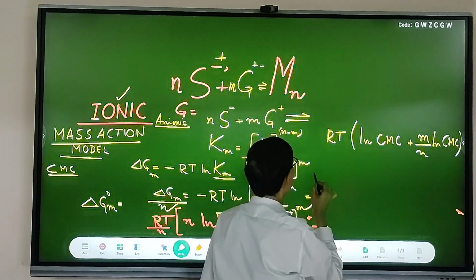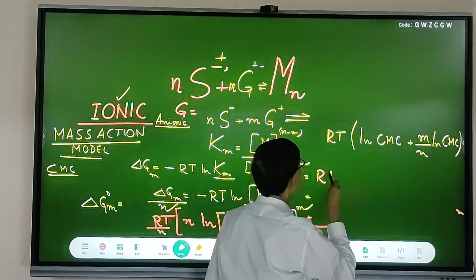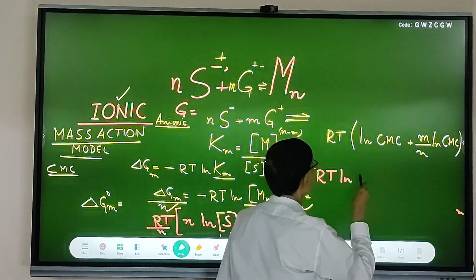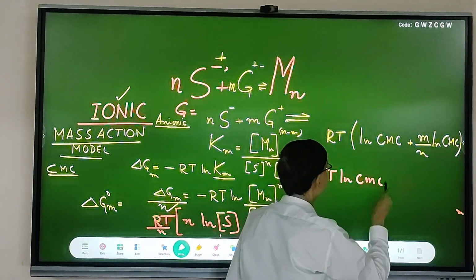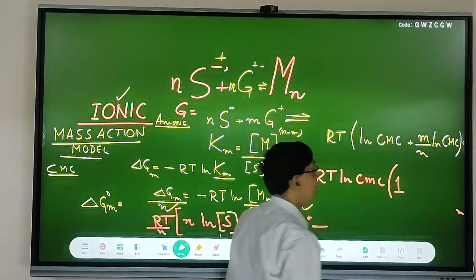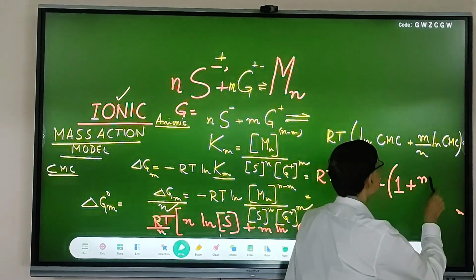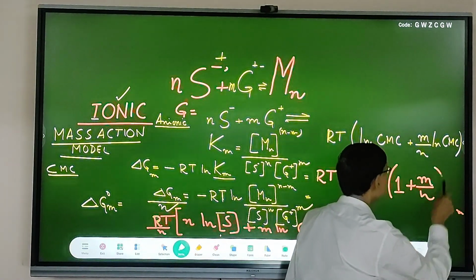What I can do, again in red color, RT natural log of CMC, 1 plus M divided by N.